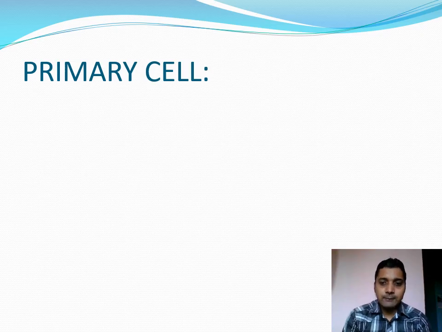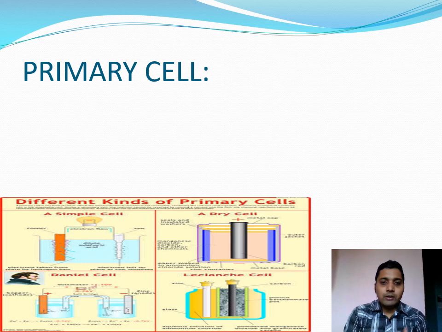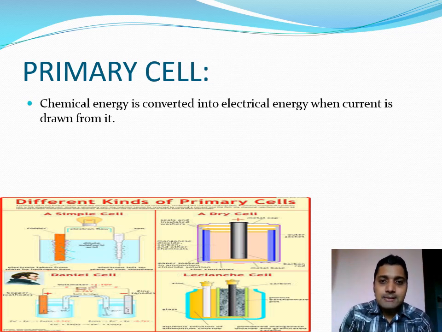First, we come to the primary cell. Primary cells are of different types. Here you can see the simple cell, dry cell, and Daniel cell. All these are types of primary cell. A primary cell converts the chemical energy stored inside it to electrical energy.